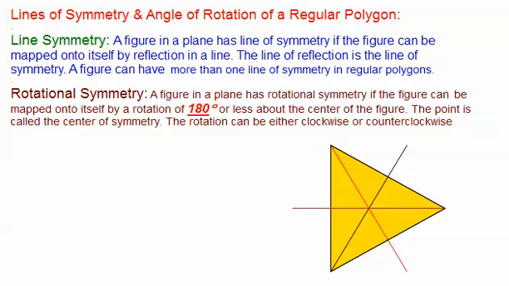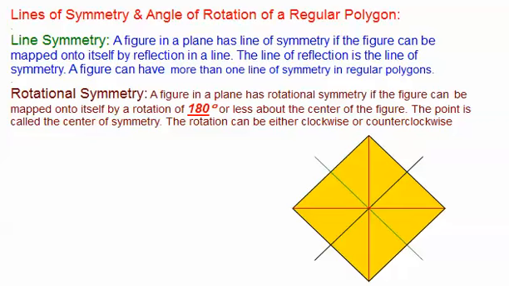Let me change this to four sides. Now I'm going to draw in a polygon which has an even number of sides. We can draw by connecting the opposite vertices. If I connect this one with this, that will be one line of symmetry.